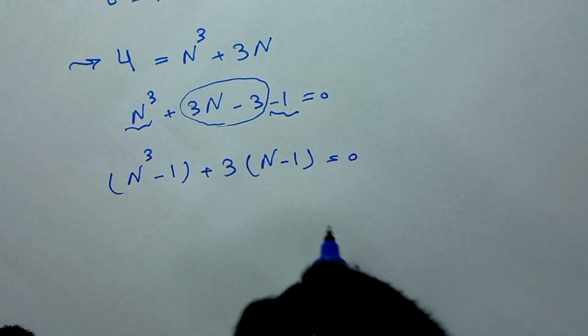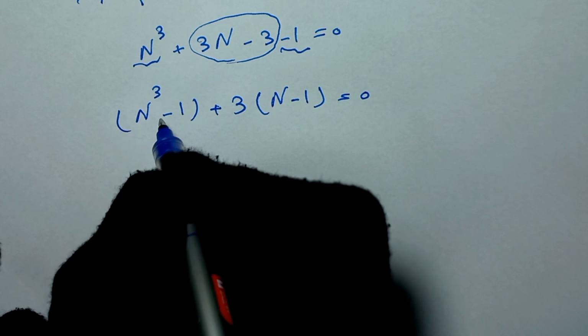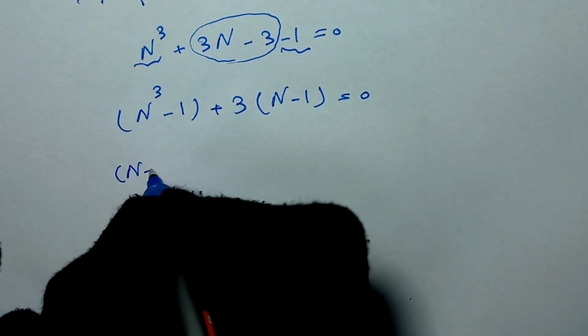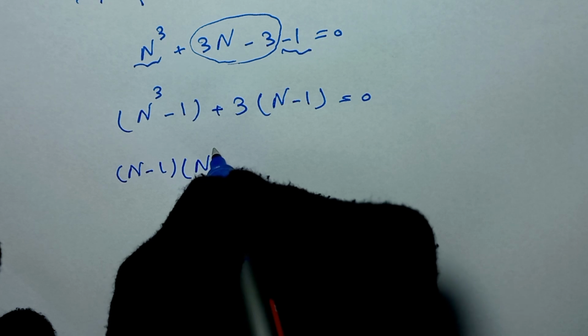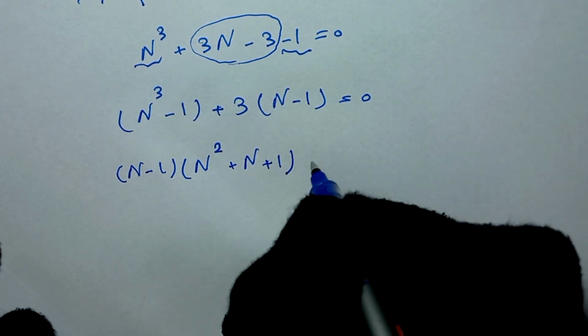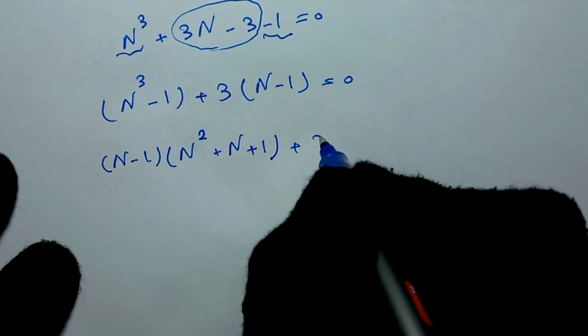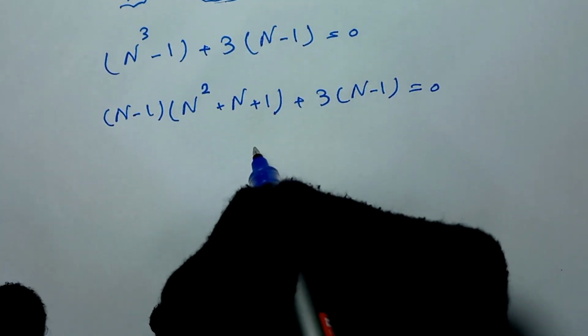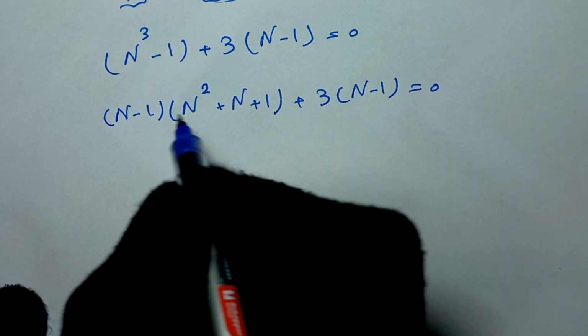is equal to 0. And here, we can write this as n minus 1 times n squared plus n plus 1, and plus 3 times n minus 1 is equal to 0. And next step, n minus 1 is common, so we factor n minus 1.